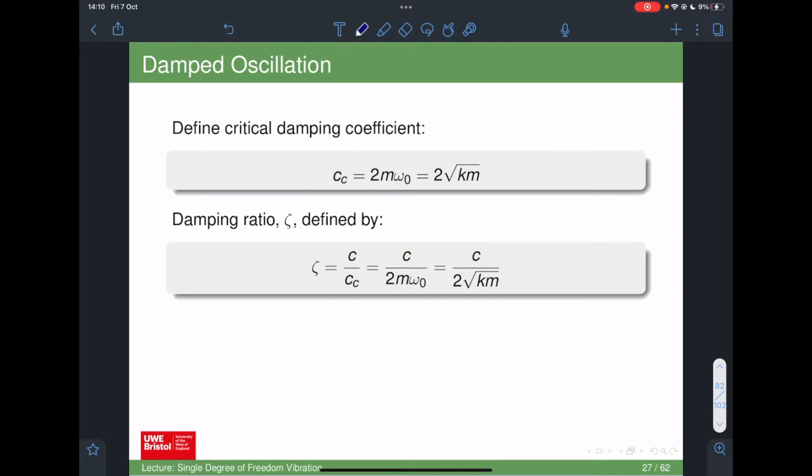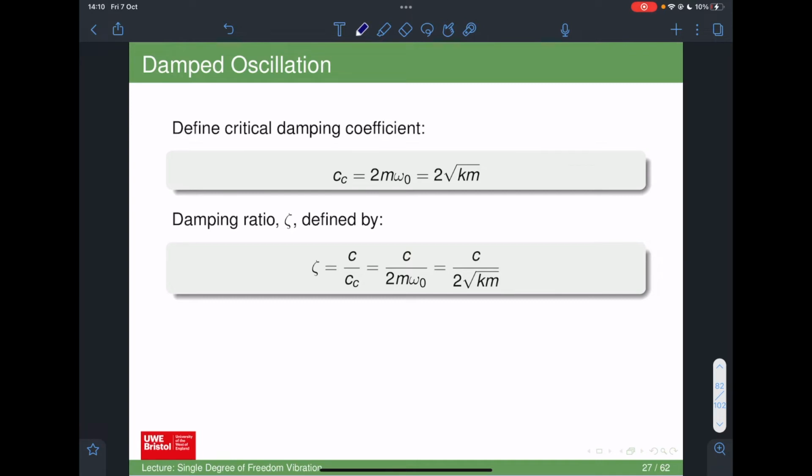Okay. So we make some different definitions. We define critical damping as being when the damping is equal to 2m omega naught, or 2 root km. And then we also define the damping ratio, which is a dimensionless number where you take the actual damping constant divided by critical damping, and that will give you this value for zeta.